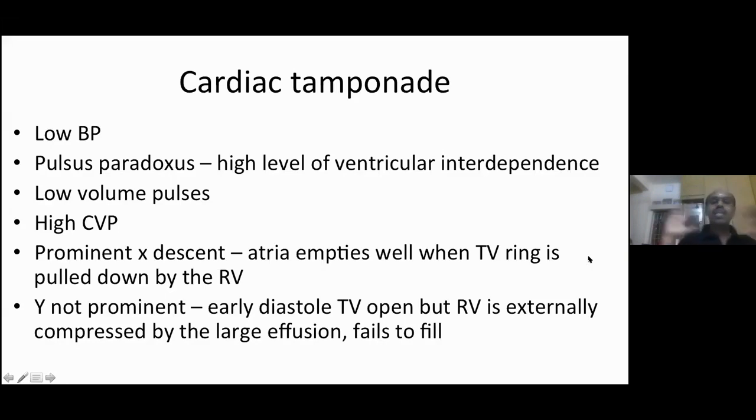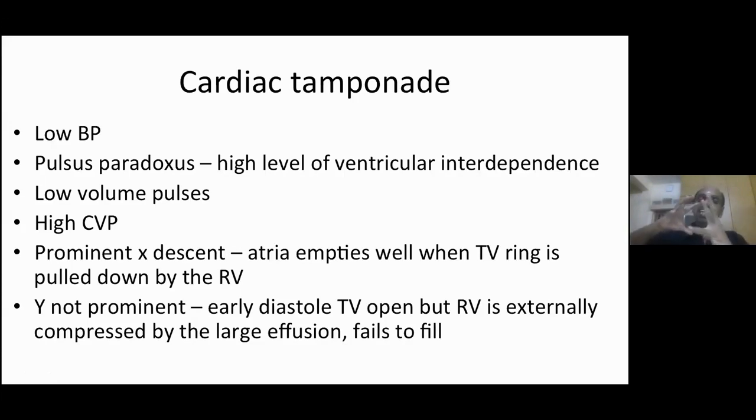When there is a lot of water surrounding the heart and pressing the heart, the right atrium empties well only when the tricuspid valve ring is pulled towards the right ventricle. Basically, what is happening? There is a stretch of the right atrium.